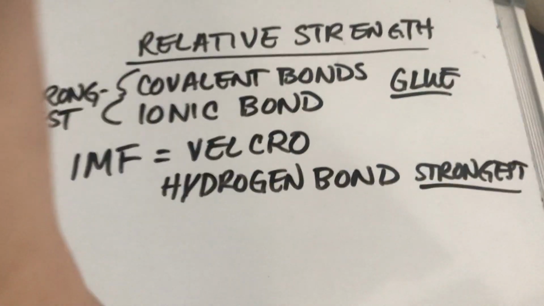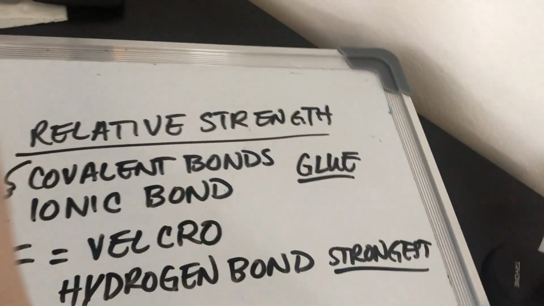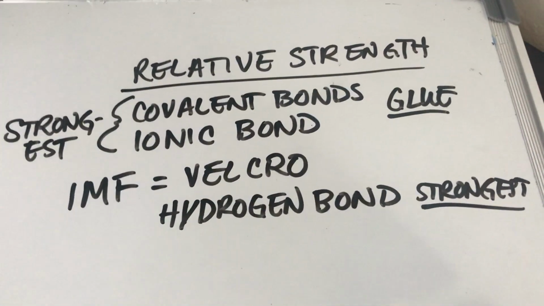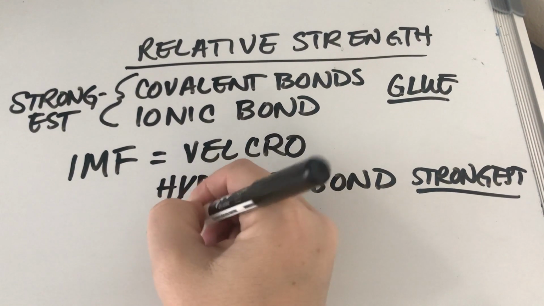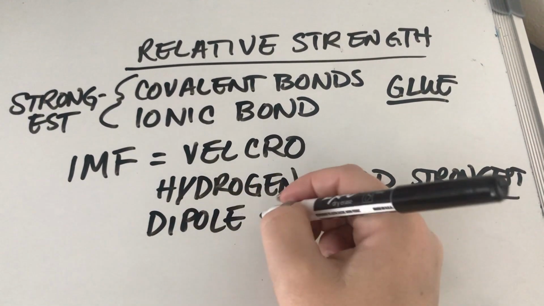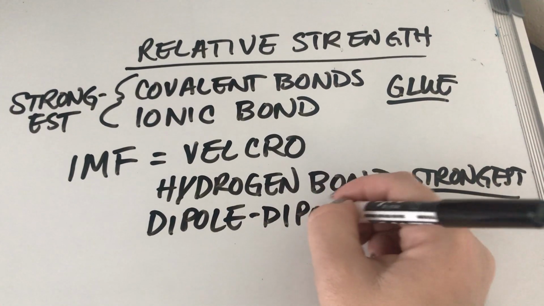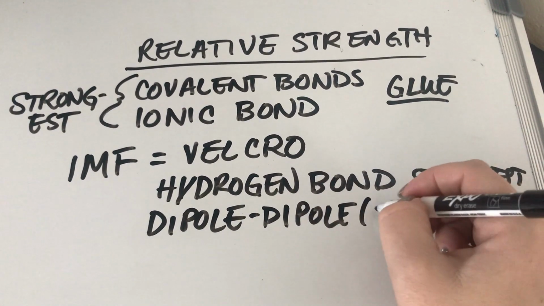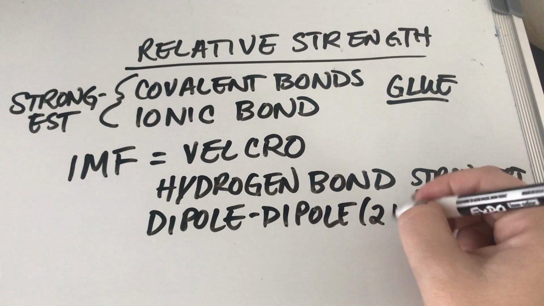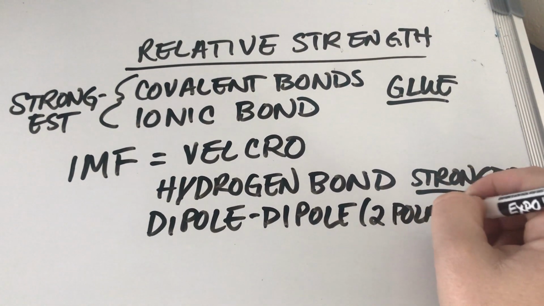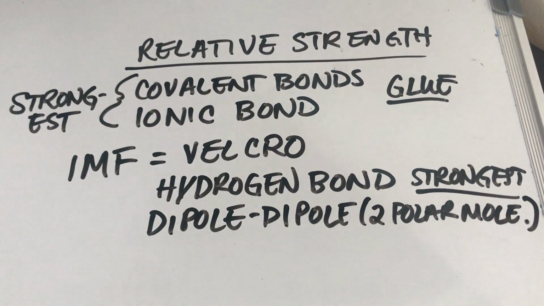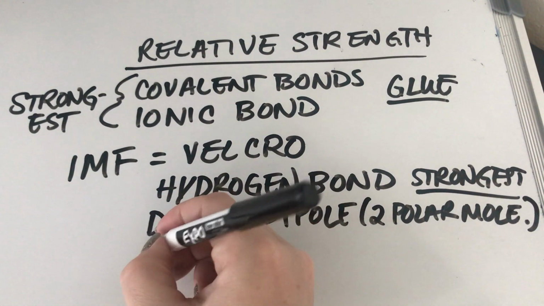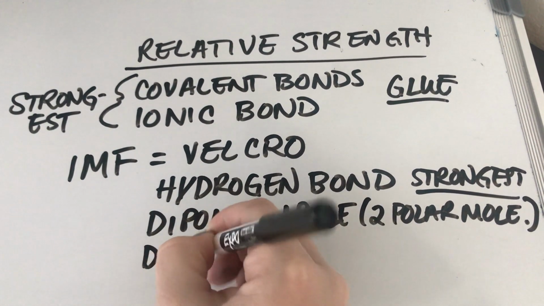The next strongest is dipole-dipole, which is essentially just two polar molecules, or more, right? And the weakest is dispersion.